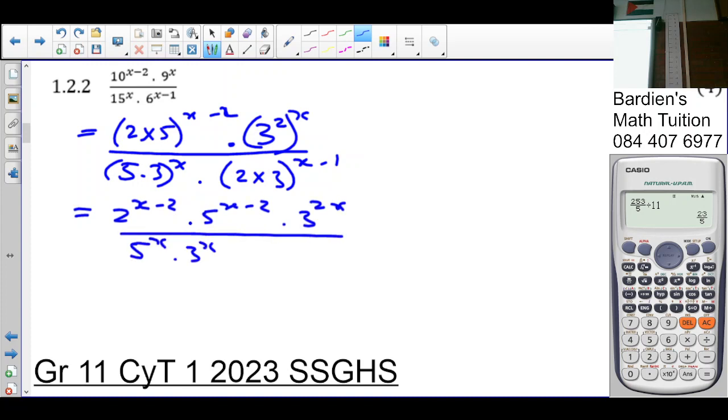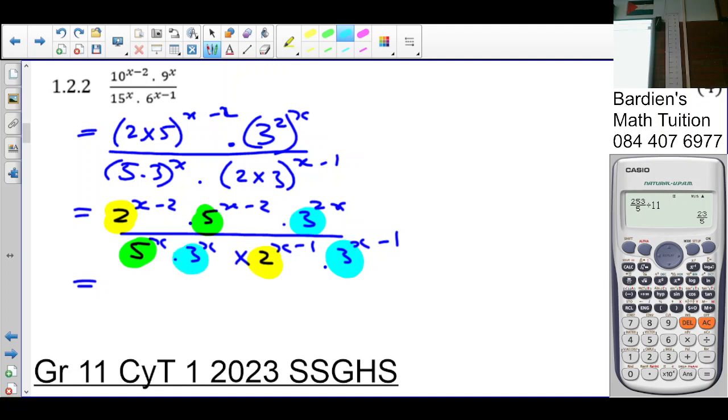When I'm dividing and bases are the same, what do you do to the exponents? Subtract when you're dividing. So that base and that base are the same, so only those exponents get brought together, and again only those exponents get brought together. You all agree with that?